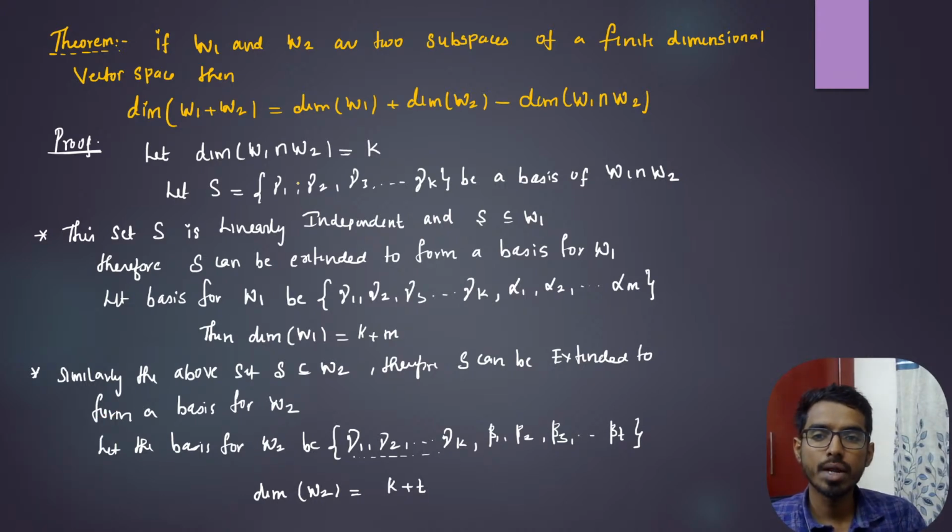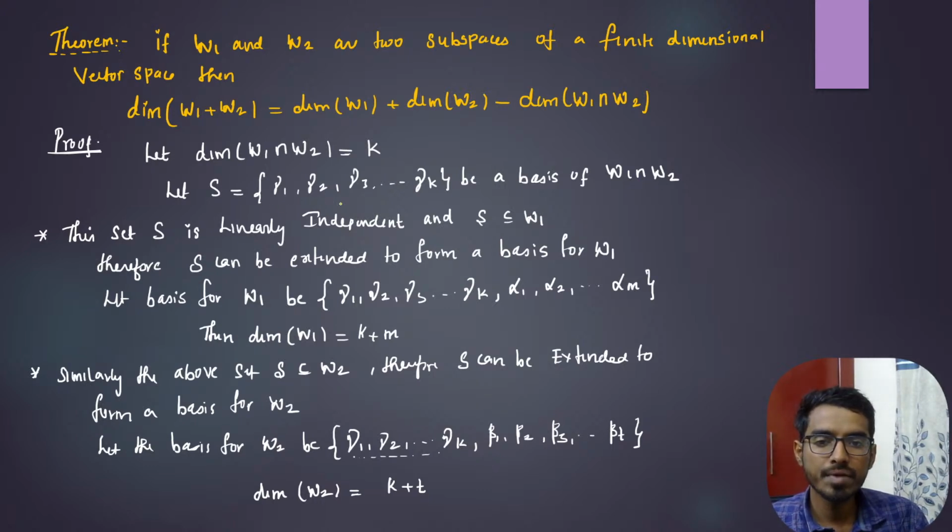As of now, I have assumed that the dimension of this is k. So the basis will have k linearly independent vectors, and these linearly independent vectors will span W1 intersection W2. So S is equal to gamma 1, gamma 2, gamma 3 and so on up to gamma k, a basis for W1 intersection W2.